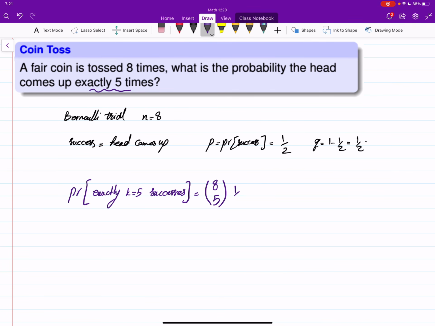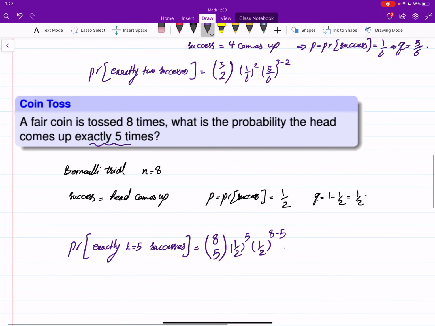Then P to the power 5. So I make those ones success. The rest will go for failures, in this case the tail. And that's the probability that we were interested in finding.